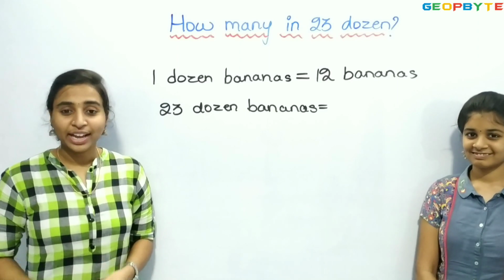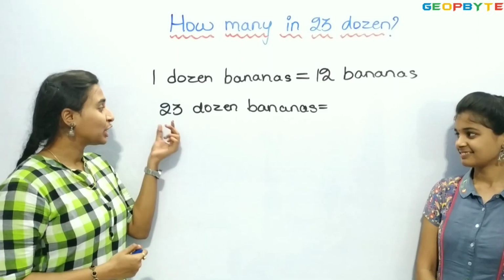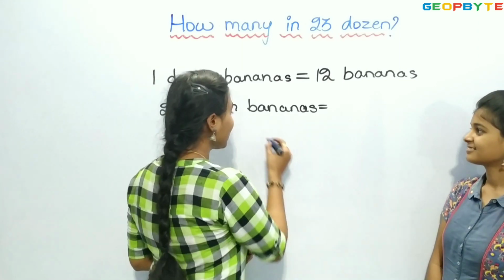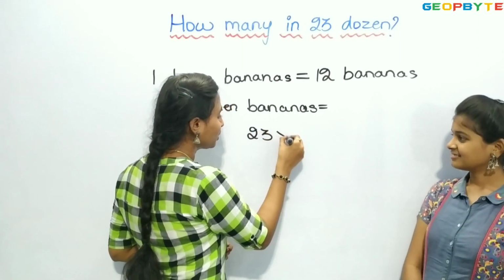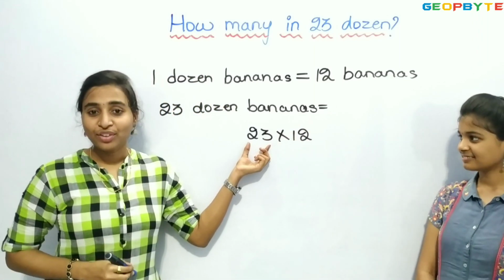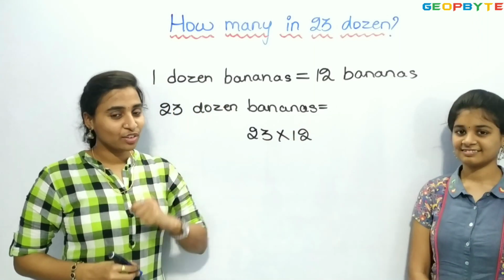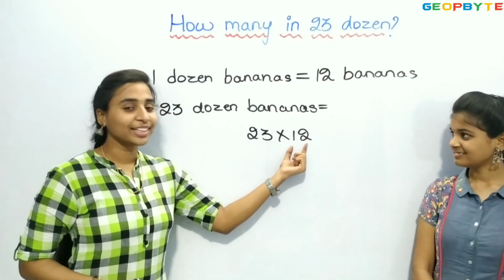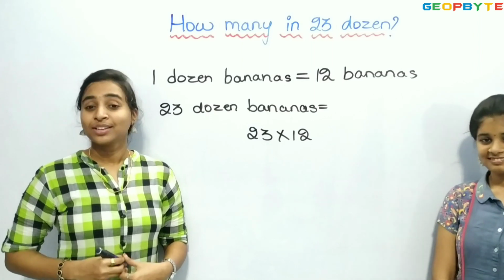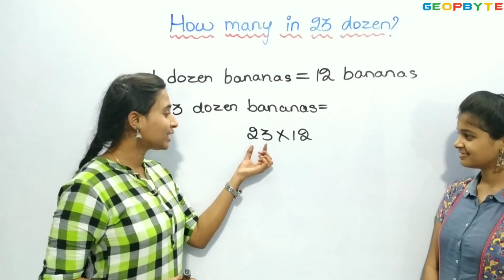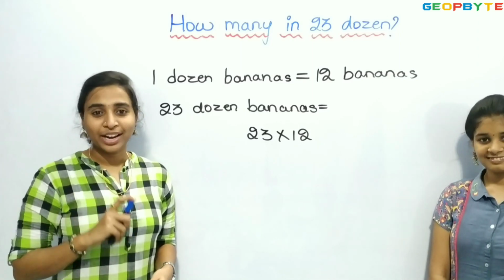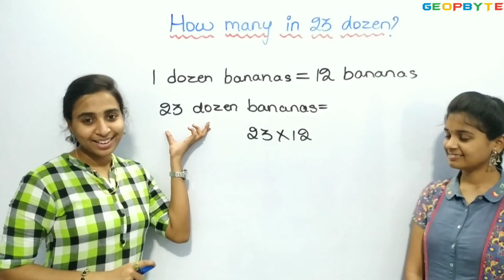Children, to find out, we need to multiply 23 and 12, because 23 into 12 is nothing but, we are finding out for 23 dozen of bananas, and 12 is nothing but each dozen has 12 bananas. So if we multiply 23 and 12, we get the total number of bananas in 23 dozen.